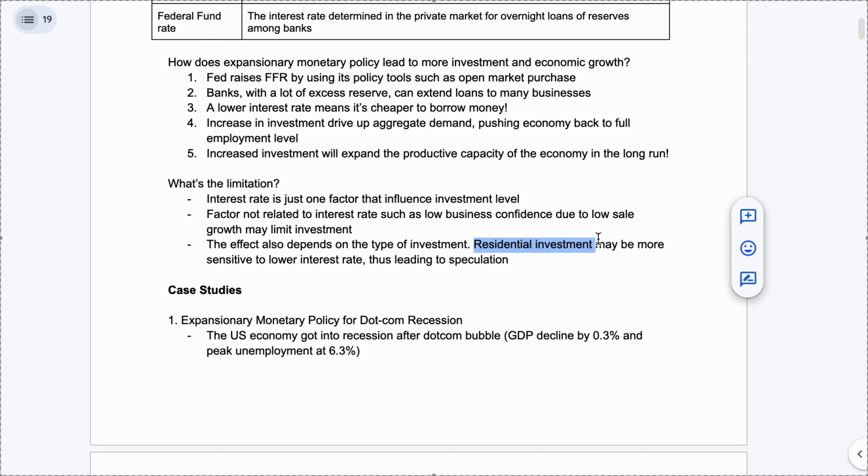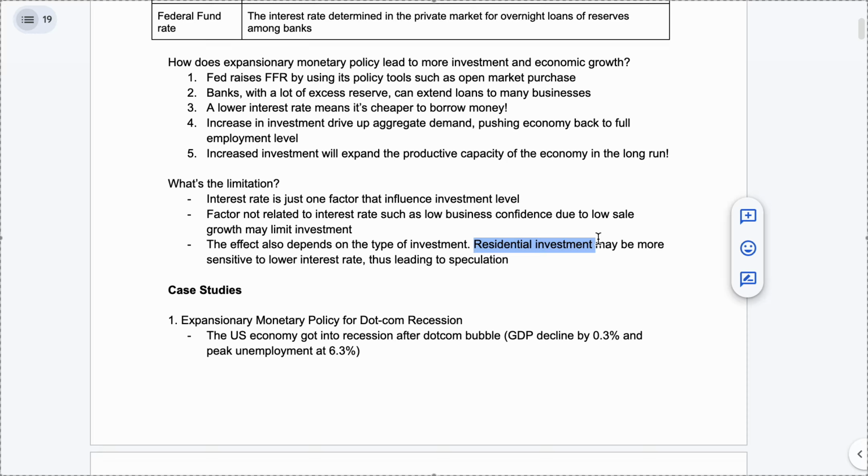And when you want to buy a house, do you care about GDP growth, or do you care about how much sales that firms are having? Not really, right? Well, you could care about it, but not as much as how much business cares about it when they borrow money. When business borrow money, they really need to look at whether their sales is looking great or not. But when it comes to residential investment, it's quite similar to consumer spending.